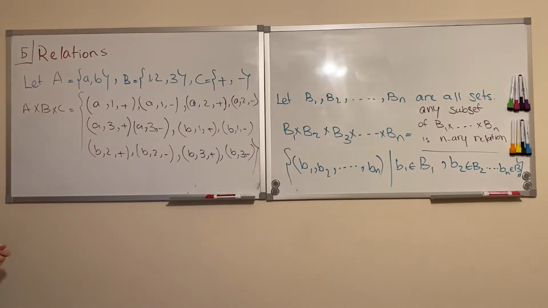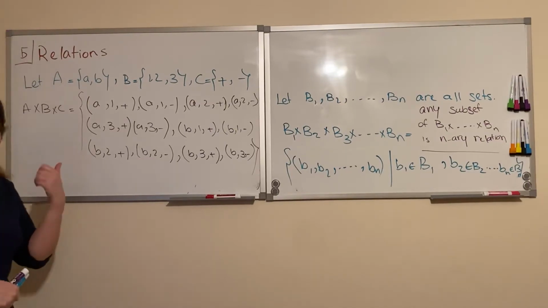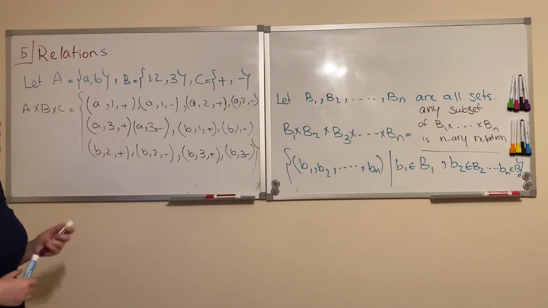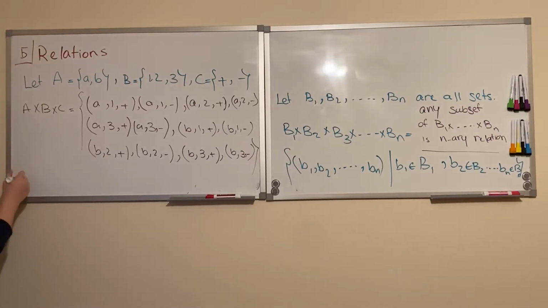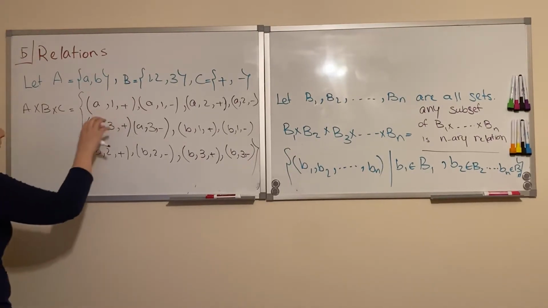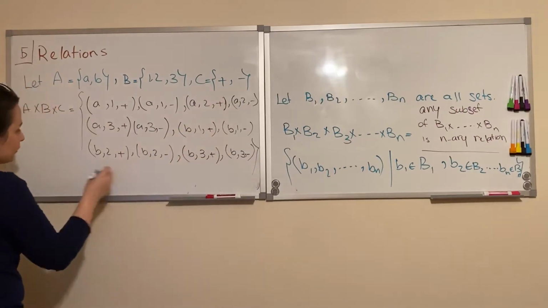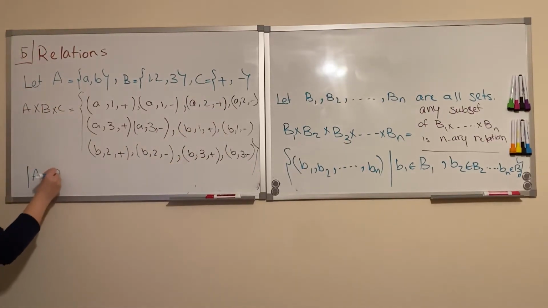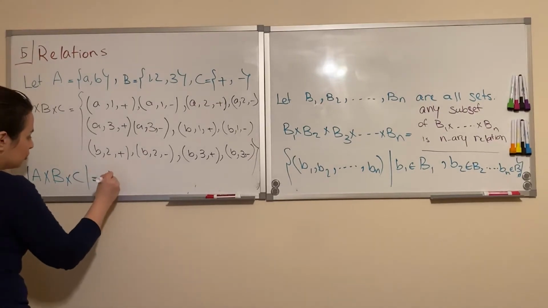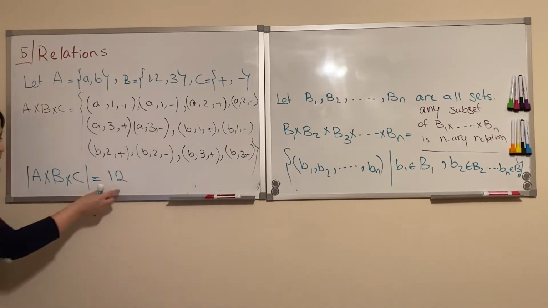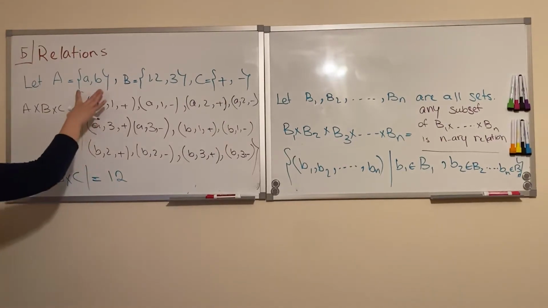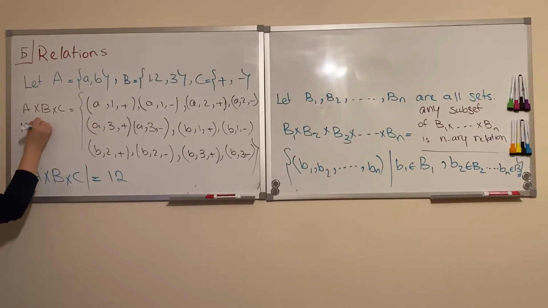One thing that I forgot to mention in the last example, I'm going to talk about in this example. You see the number of elements I have here is 12. So the cardinality of A Cartesian B Cartesian C is equal to 12. But how can I give a rule for that? Actually, you see here, the cardinality of A is 2, cardinality of B is 3, and cardinality of C is 2.